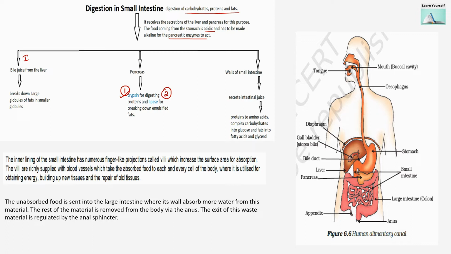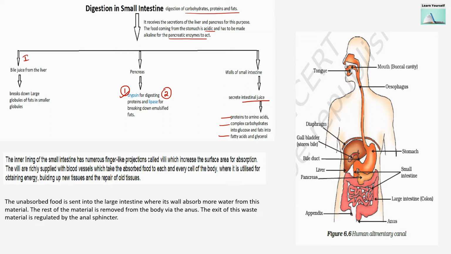Trypsin will digest the protein and lipase will break down the emulsified fat. Now the walls of the small intestine will secrete the intestinal juice. This juice will convert protein into amino acids, complex carbohydrates into glucose, and fat into fatty acids and glycerol. So you can see that a complex process happens in the small intestine.